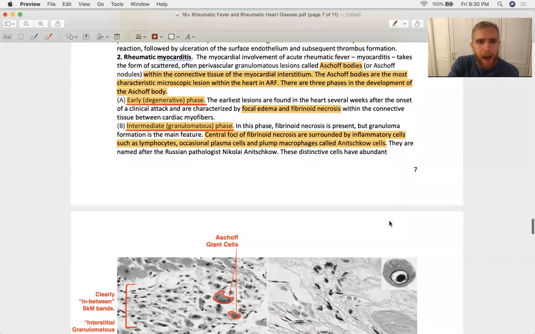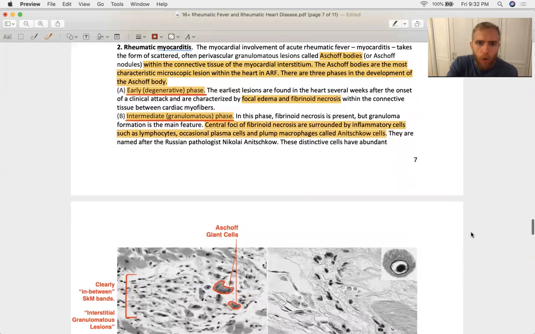So when we're looking at the myocarditis specifically, there are histological grades involved with the stages of infection or the timing of the myocarditis. Specifically, there's early phase, then it peaks, and then there's late phase. And when it's early, you're going to see real non-specific findings, including fibrinoid necrosis, which we know is going to be damage to vasculature, damage to the endothelium of some vasculature.